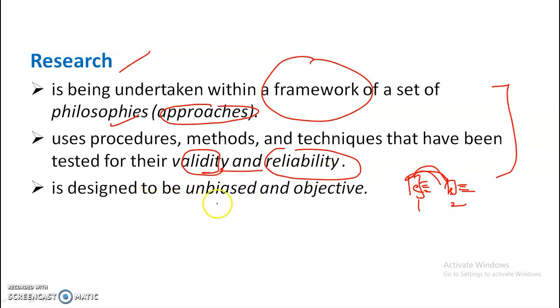Fine. And the research is designed to be unbiased and objective. Unbiased and objective means that you have taken each step in an unbiased manner and drawn each conclusion to the best of your ability, without introducing your own vested interest. Whatever you follow to reach the conclusion for your research problems, those conclusions should not introduce your vested interest.